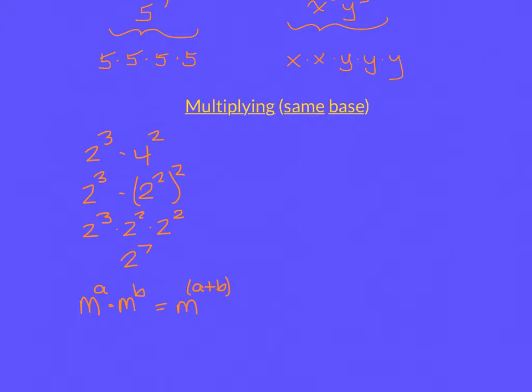So a quick little algebraic example, x cubed times y squared times x to the 4th times y. So we can count these all out. I've got 3 x's here, 4 here. That's going to be a total of 3 plus 4, which is 7. And I've got 2 y's here and 1 y here. So I've got y cubed.